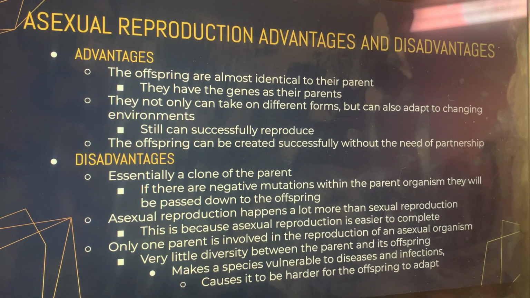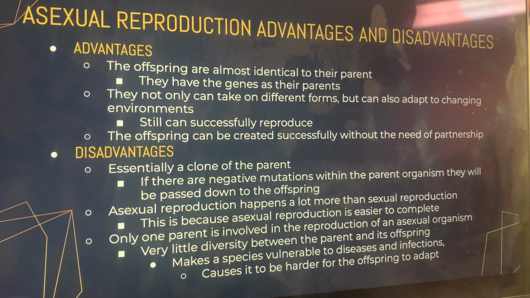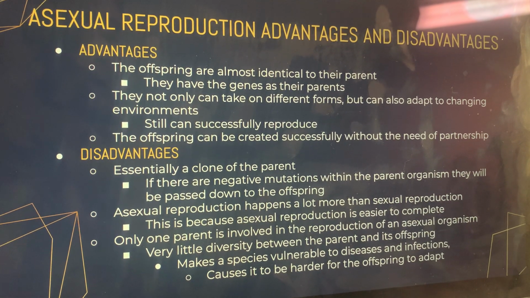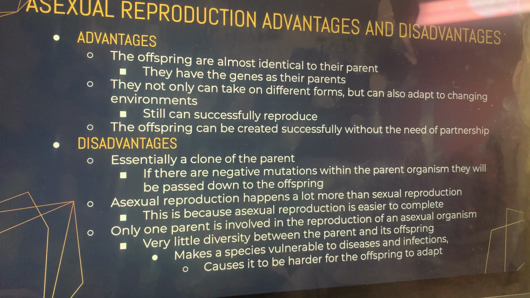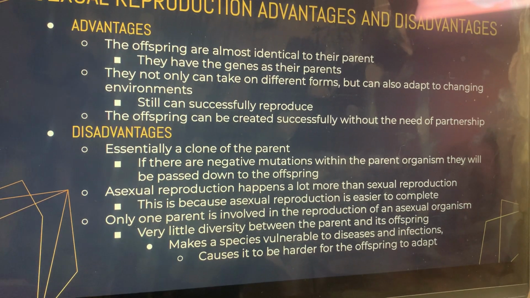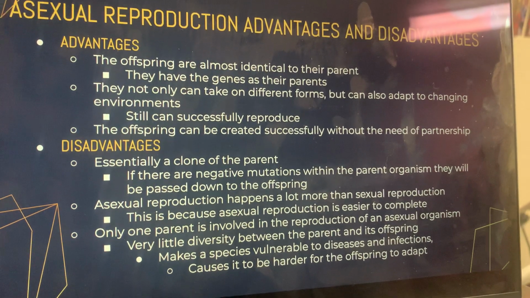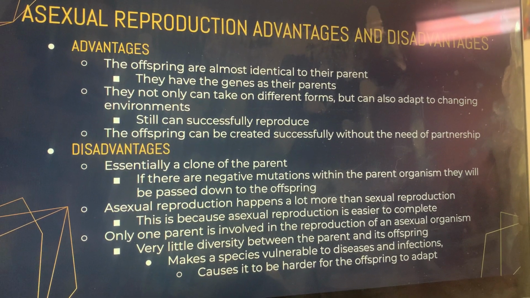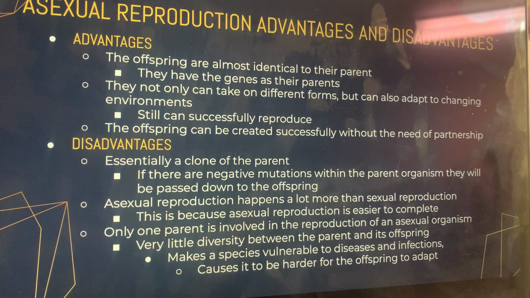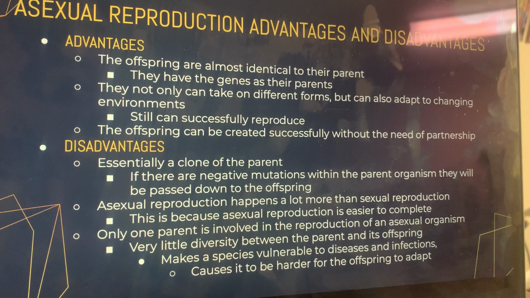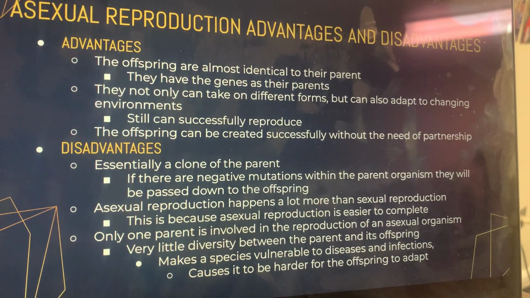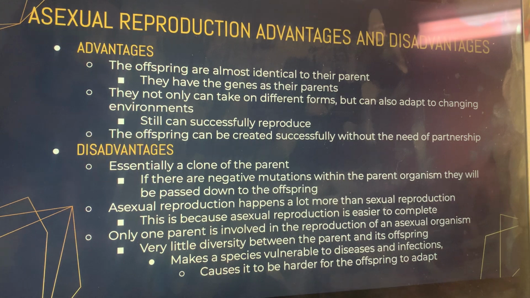Another advantage: they not only can take on different forms, but can also adapt to changing environments. While still successfully reproducing, the offspring can be created without the need of a partnership. Some disadvantages: it is essentially a clone of the parent, as I said before. If there are any negative mutations within the parent organism, they will be passed down to the offspring.